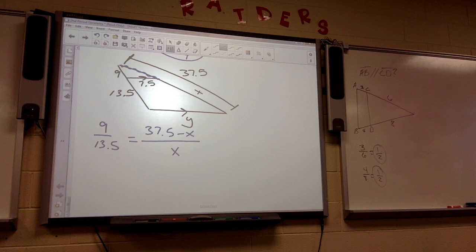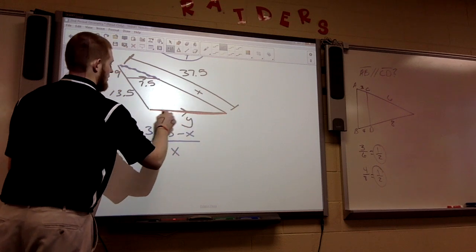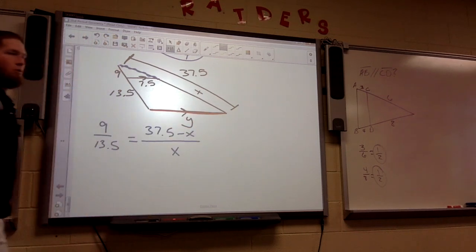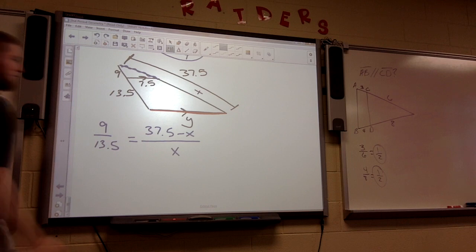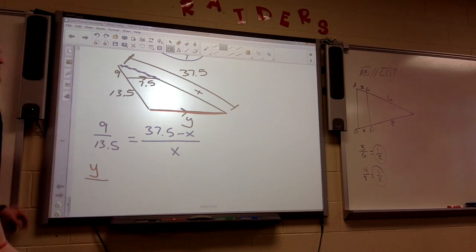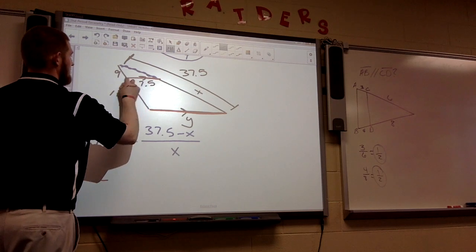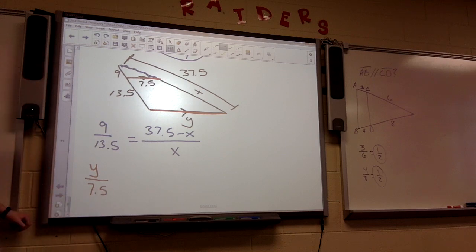Be careful here. Okay? y is the what? What can you think of y as? The whole base of that big triangle, right? Okay? So what can I compare it to? I can compare it to the whole base of the small triangle. Then what, Kate?